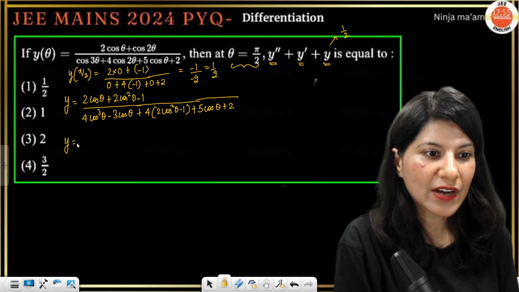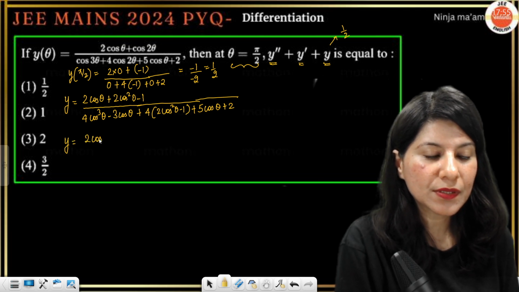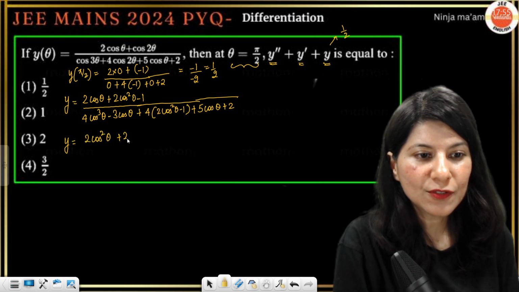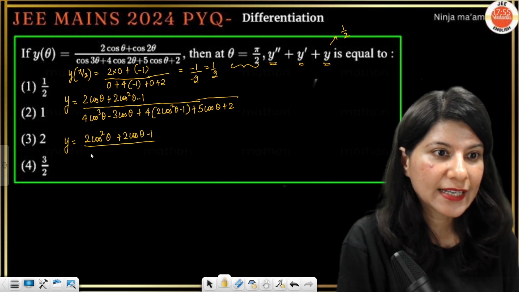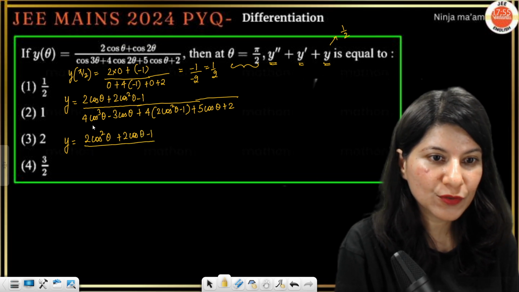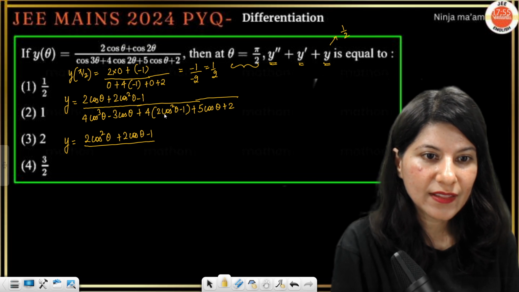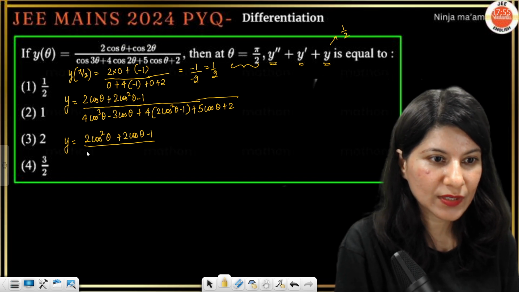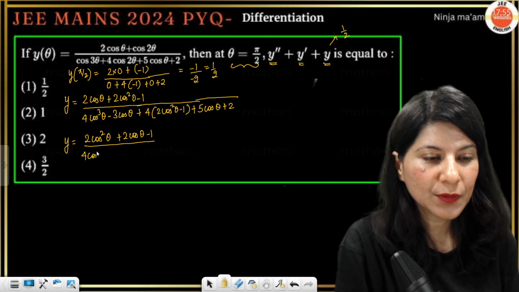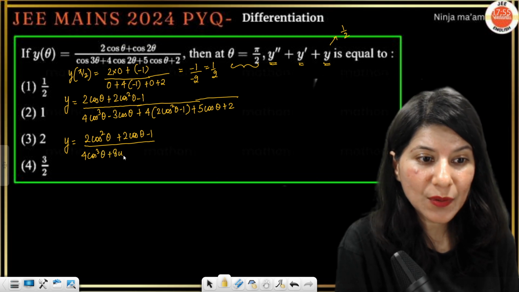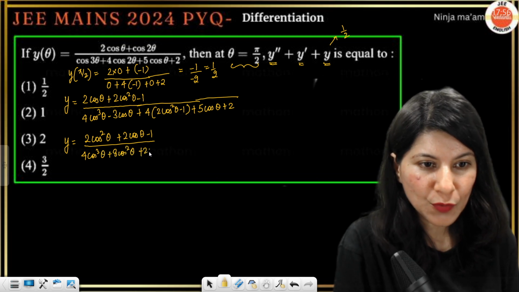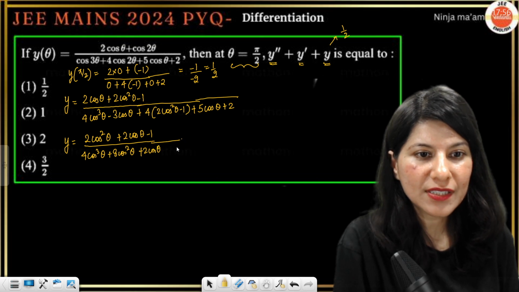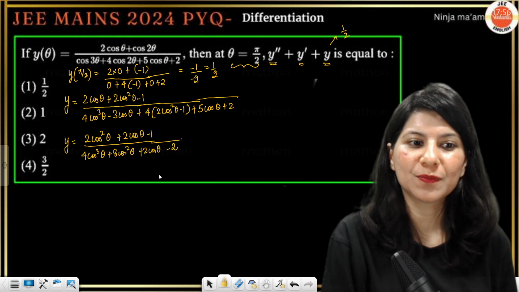Perfect. Y will be equal to 2 cos square theta plus 2 cos theta minus 1, whole upon 4 cos cube theta plus 8 cos square theta minus 3 plus 2 cos theta, and the constant term will be minus 2.